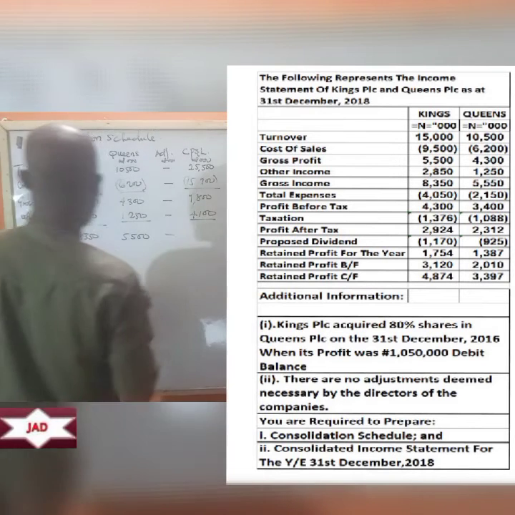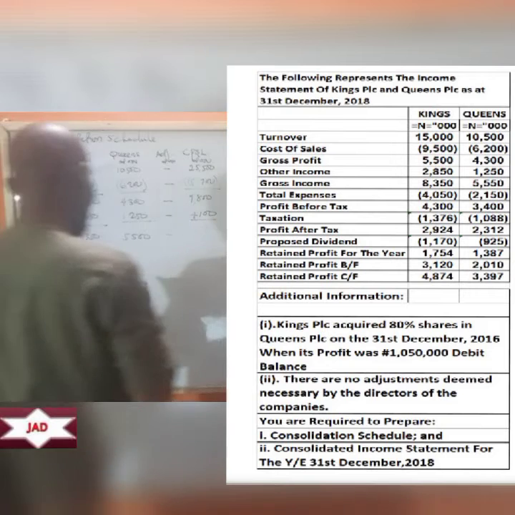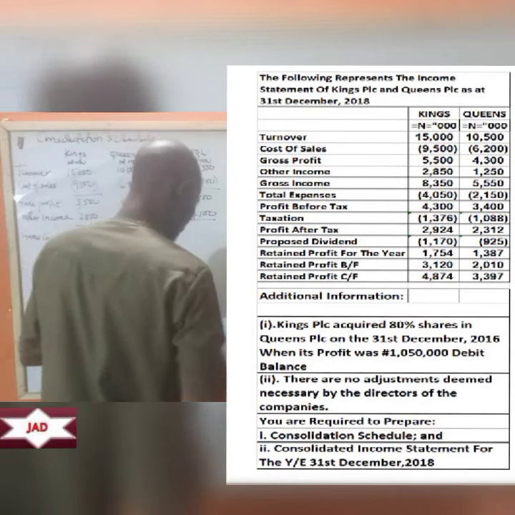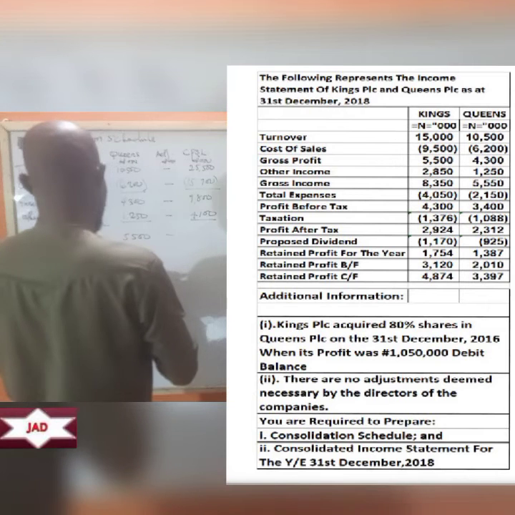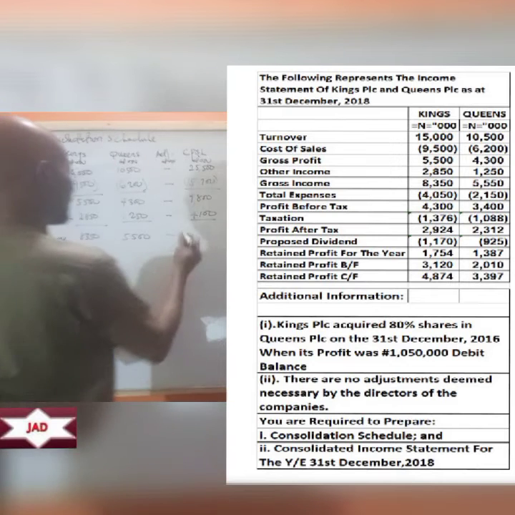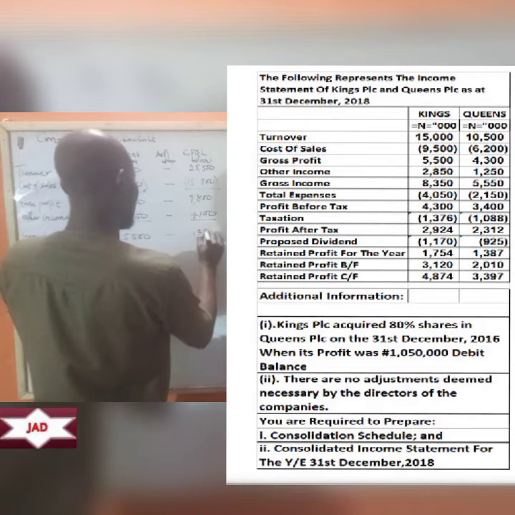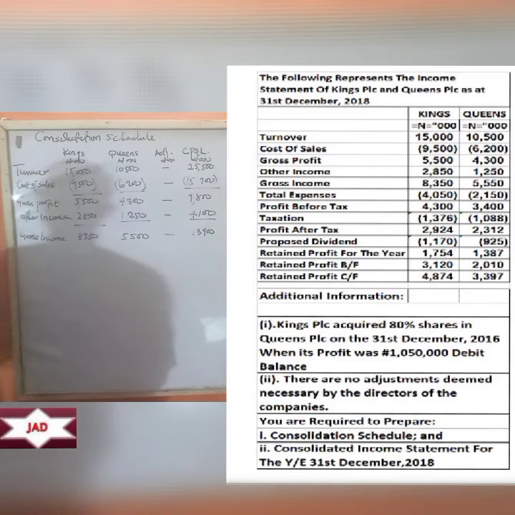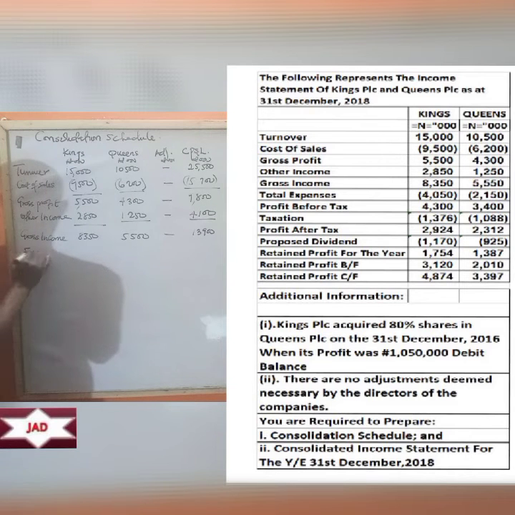Then this will be 9,800 plus 4,100. This is 13,900.